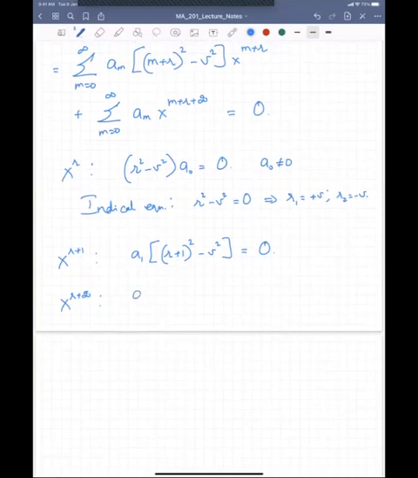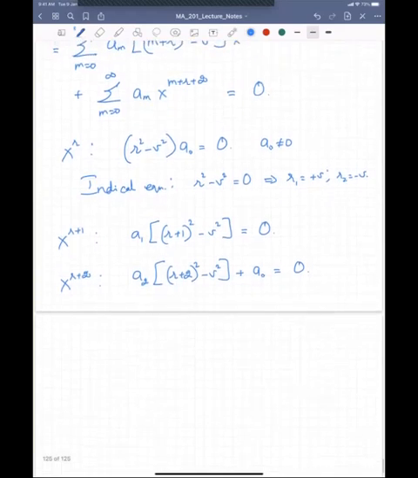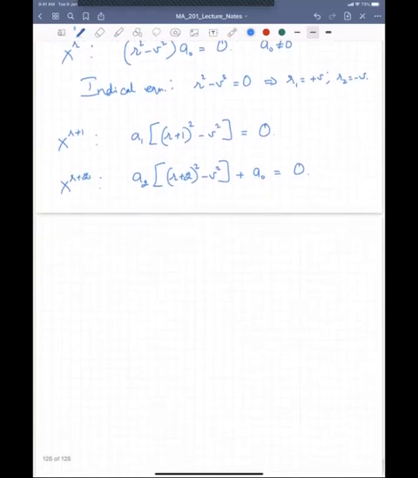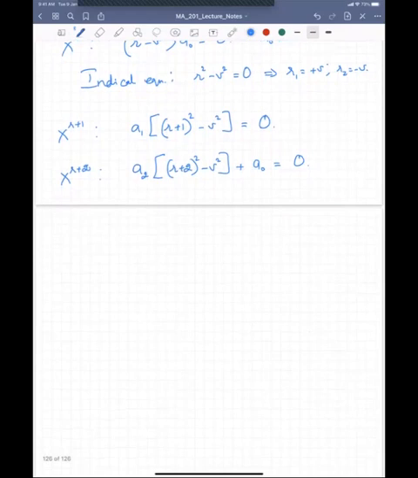The first is a2 times ((r plus 2) squared minus nu squared) from the first series, plus a0 from the second series, and this has to be equal to 0. And you can go on in this fashion. Okay. All right. But it is more profitable to write down a recursion relation and figure out the coefficients if possible, if there is a neat pattern that is emerging, and that's what we're going to try and do now.